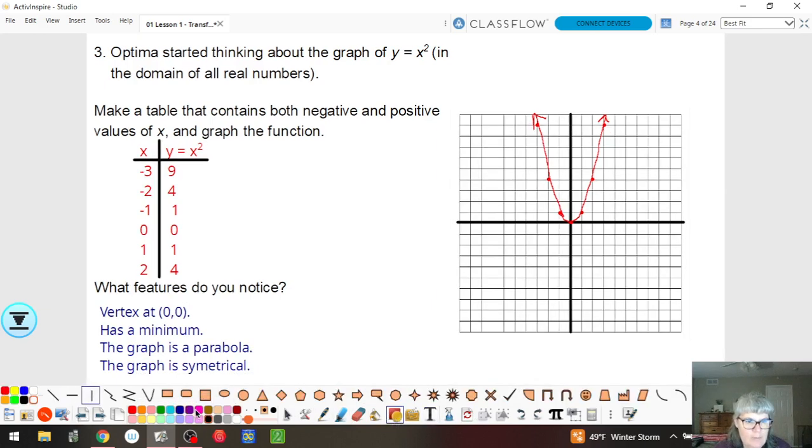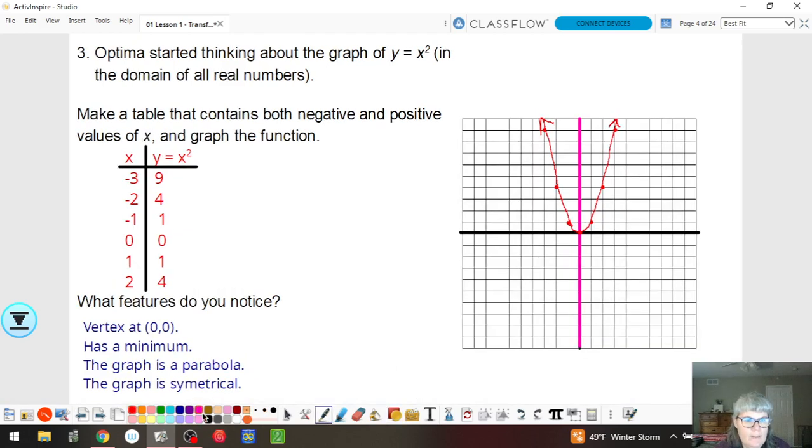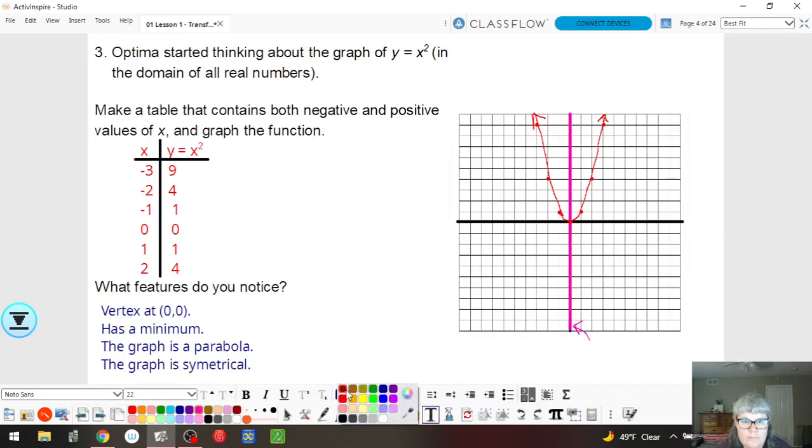And we have a name for that line of symmetry. This line that I've just highlighted in pink is called the axis of symmetry. Oh, we should put that in a darker color so you can read that.